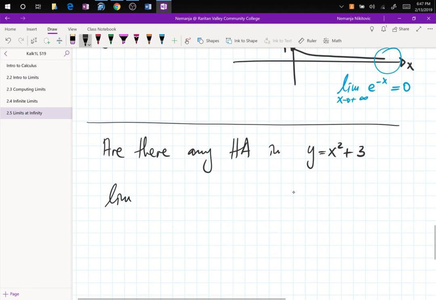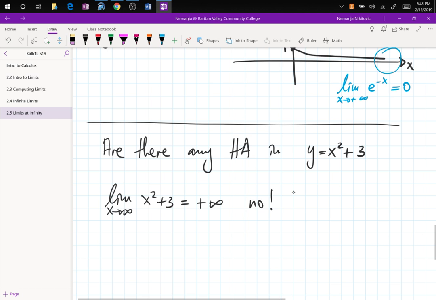Limit as x goes to infinity of x squared plus 3 is equal to infinity, because infinity squared plus 3 is still infinity. So no horizontal asymptotes, because this did not turn out to be a finite value.